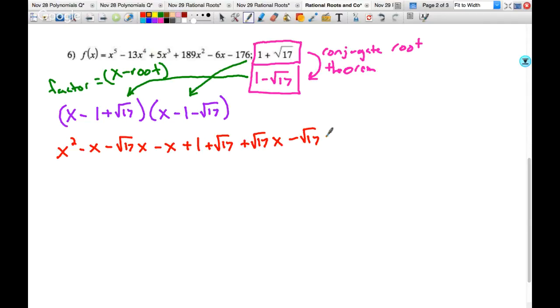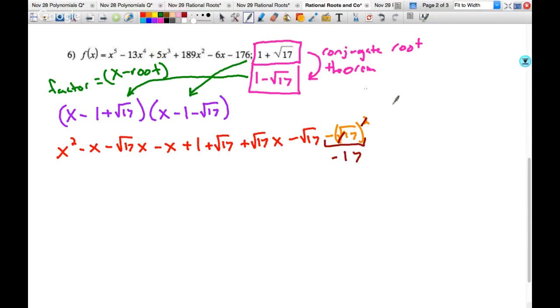That's going to be a negative square root of 17 squared, because it's square root times square root. If you multiply anything by itself, you can write it with a squared. And the square root and the squared cancel each other out. And this just becomes a minus 17.